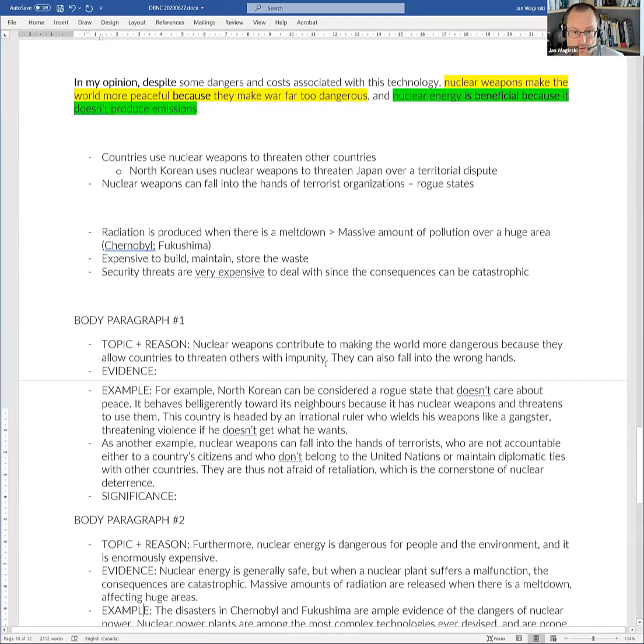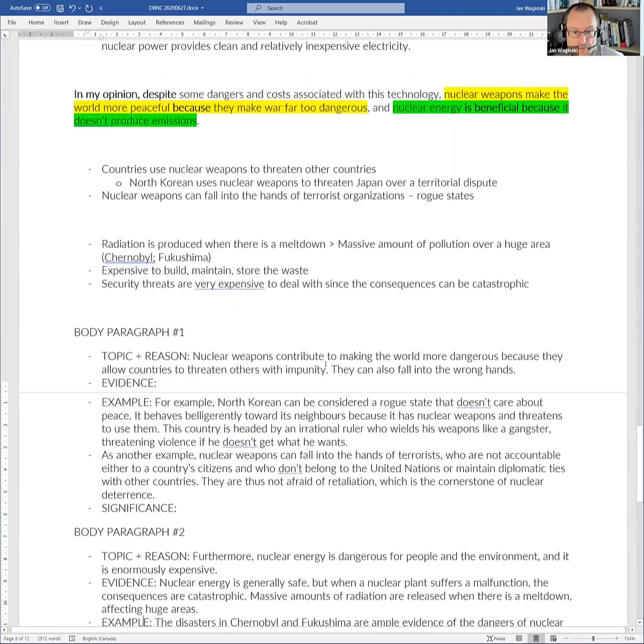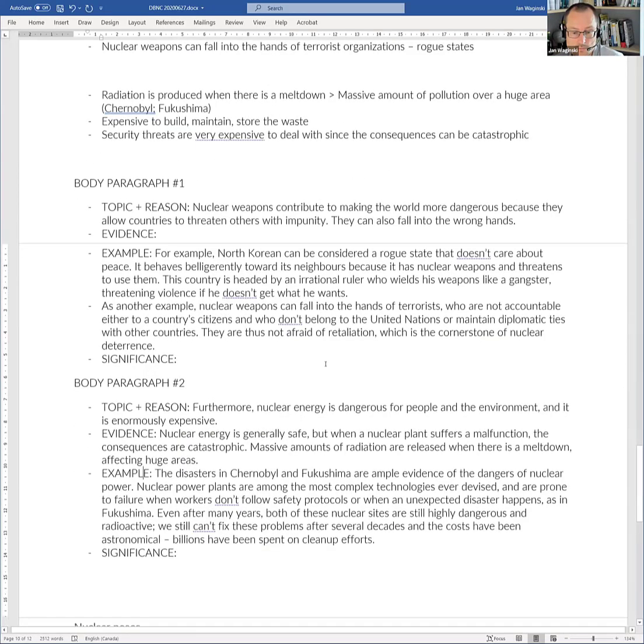So your choice, which one you want to do. Does anyone have any questions at this point? Any concerns? No. All right, so this will be due Monday by noon, and then the revision by Tuesday at noon. If it's late, I can't guarantee that I can get to it at all.